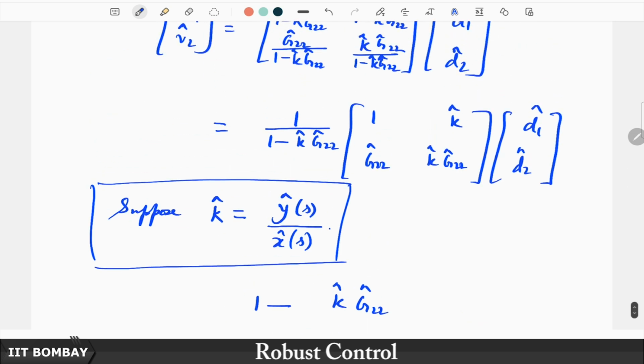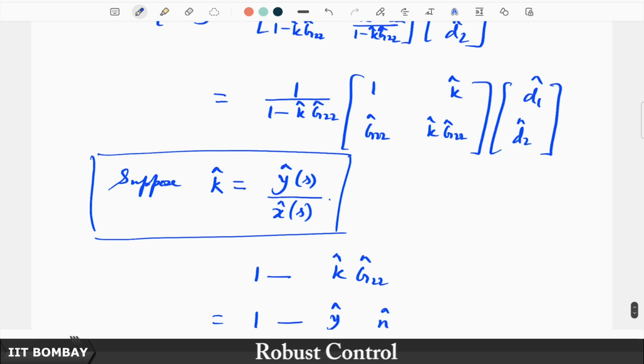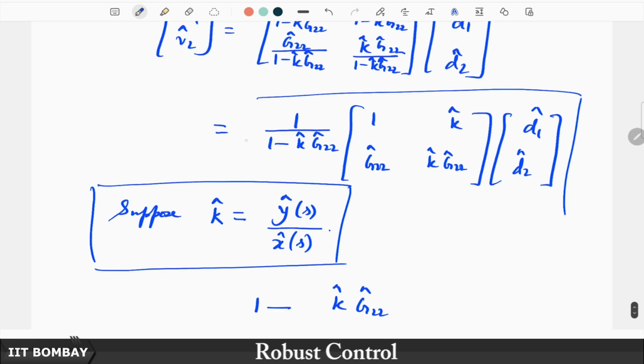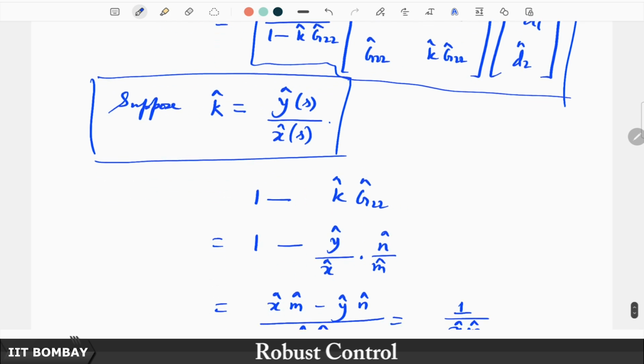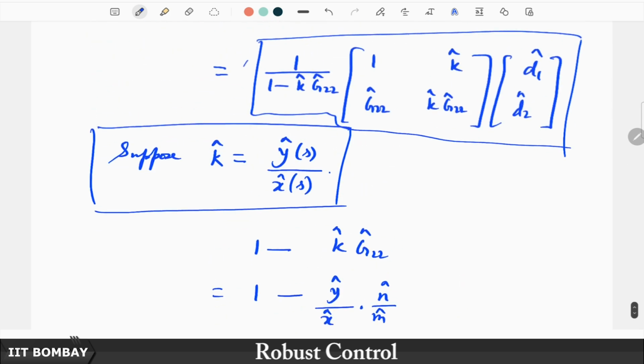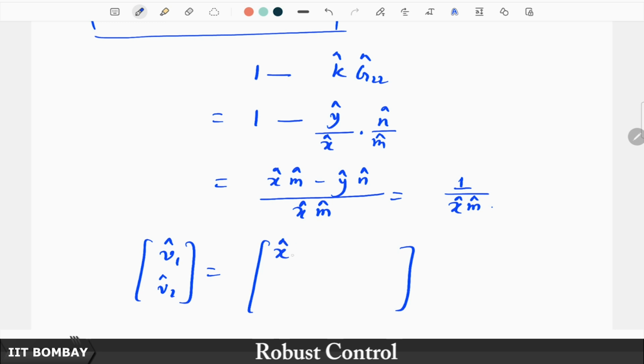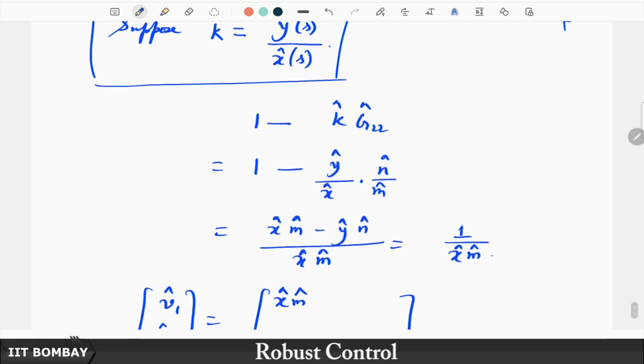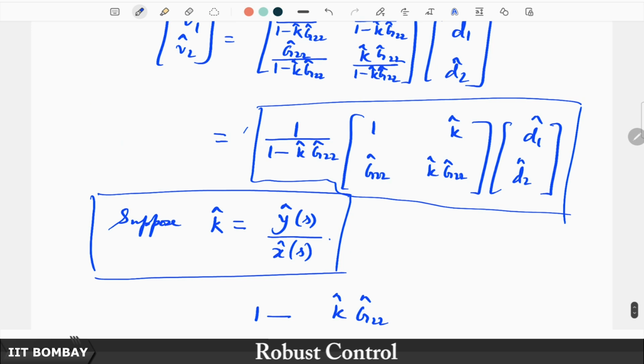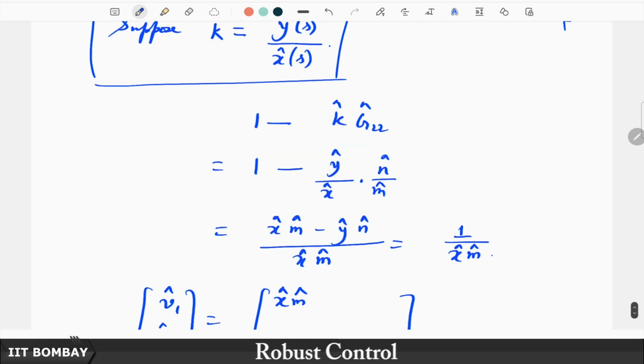So, now if I plug this back in and I write each of these terms in this particular expression, this k hat and g hat in terms of the x's and y's and the n's and m's, what does it turn out to be? Well, quite simply it turns out to be v1 hat v2 hat is nothing but x hat m hat. You can check. So, k hat is y hat by x hat into x hat m hat, that is y hat m hat.